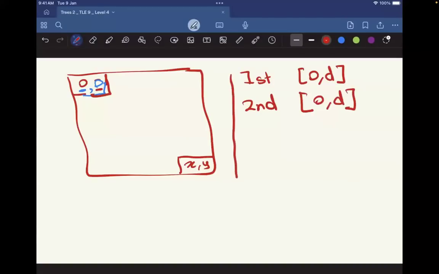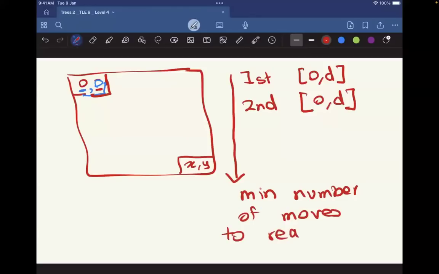You keep doing these moves. In every odd move, you increase the x coordinate. In every even move, you can increase the y coordinate. You want to find the minimum number of moves to reach x, y. Yes or no, guys? Tell me. Yes or no? All right.